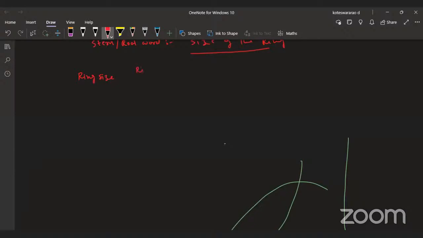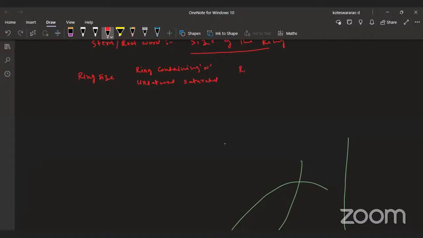A ring containing a nitrogen heteroatom has a different name, and a ring without nitrogen is also different. A ring containing nitrogen may be unsaturated or saturated.